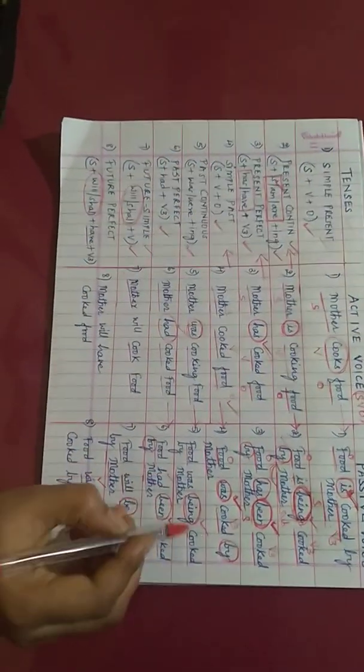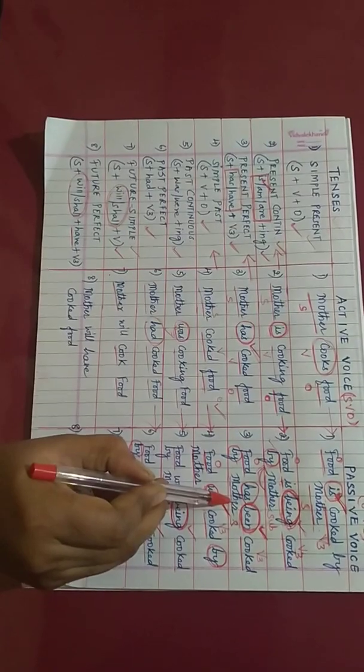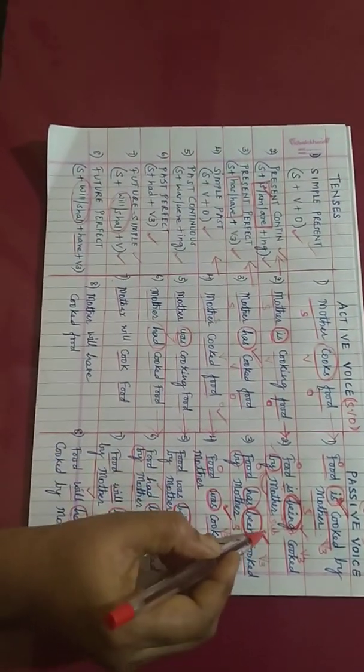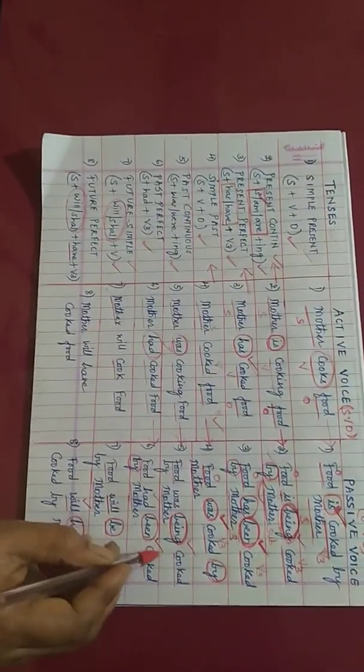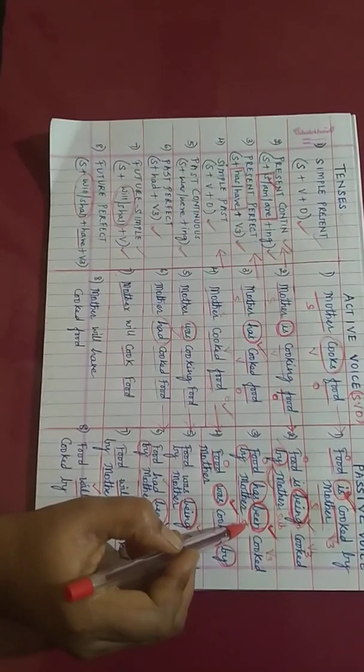And in present continuous you had added being. Same way in past continuous you have to add being. In present perfect you have added been. In past perfect also you have to add been. So in this way you have to follow the same rules which you followed for present tense.